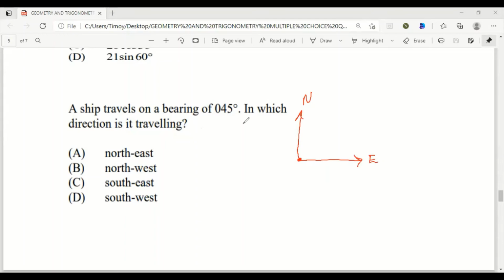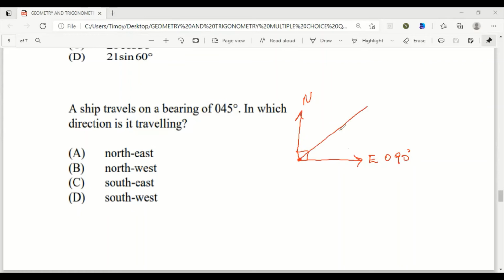Now, if the ship travels on a bearing of 45 degrees, from north to east, that bearing is 90 degrees. So we know that that bearing is 90. 45 is just half of 90. So the ship would travel here, which is halfway between north and east.